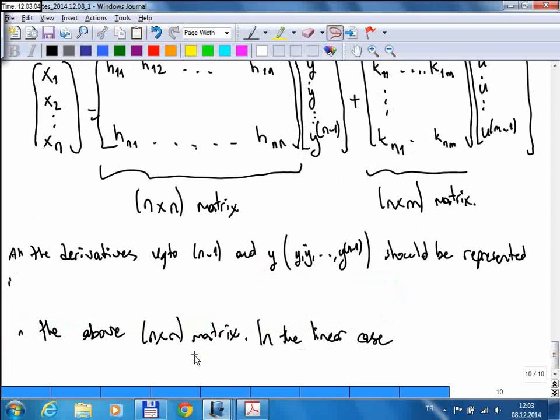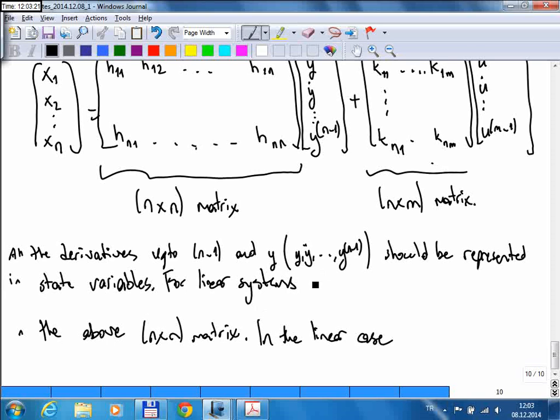So all of this should be represented in state variables. For linear systems, state variable definitions.